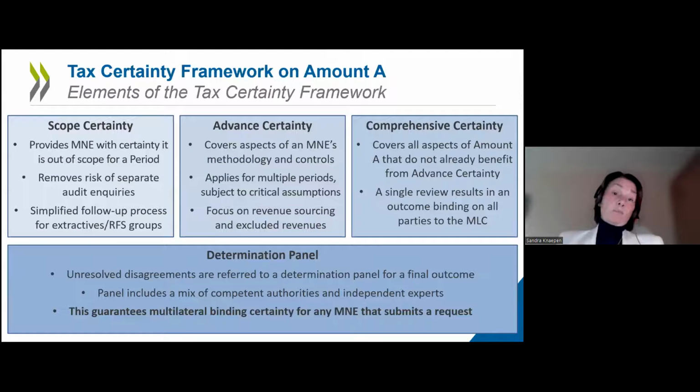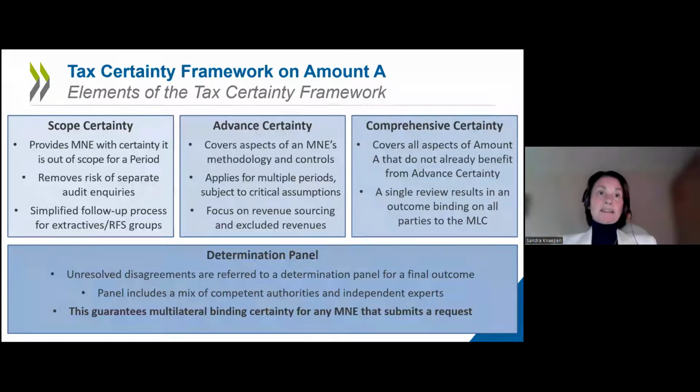When parties intend to undertake a multilateral tax examination of the M&E in that situation, they must first notify the M&E, and then the M&E would still be given an opportunity to request comprehensive certainty and obtain a binding outcome from all parties to the MLC through a coordinated process. Of course, that certainty will arrive a lot later than if the certainty were asked for in advance. So we have 3 types of certainty.